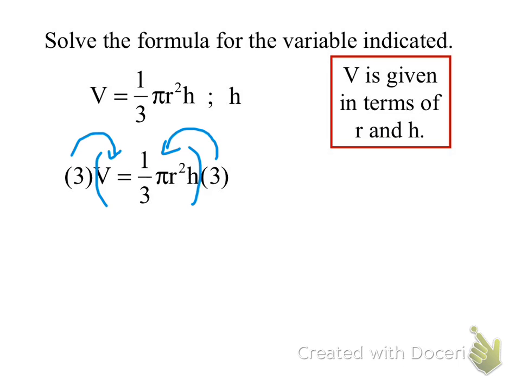On this side, my 3 gets canceled out, and what's left on the right side of the equation? Pi r squared h. And on the other side, what am I left with? 3v. And what is this? Does anybody know what this formula is? I think V stands for velocity. Nope.